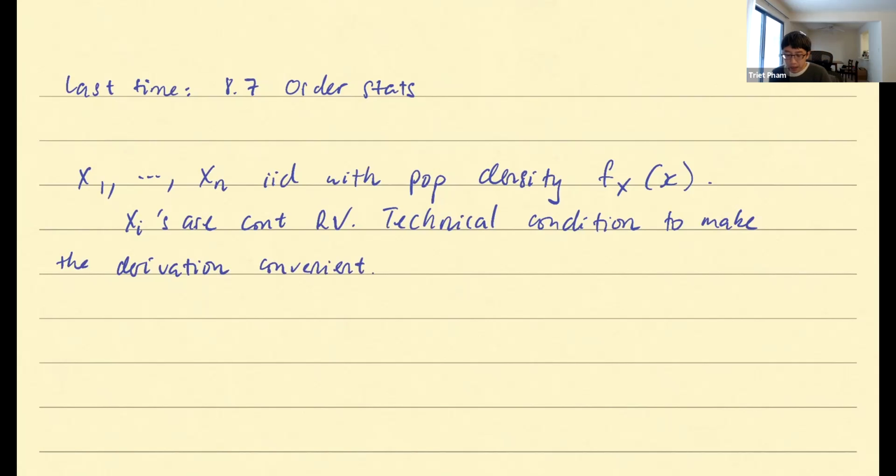So you just want to appreciate why. We do not want to discuss discrete random variables, for example. Why do we not want to discuss discrete random variables? Anyone has any idea? What's wrong with having order statistics for discrete distribution, like binomial or Poisson?